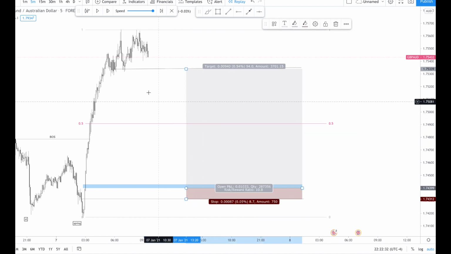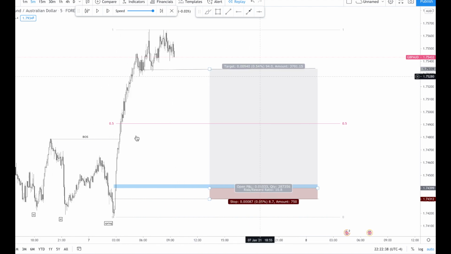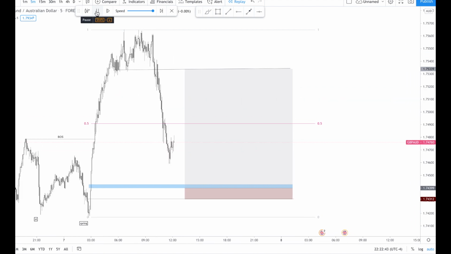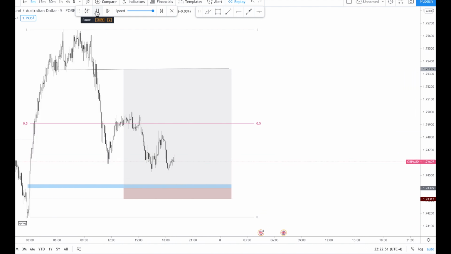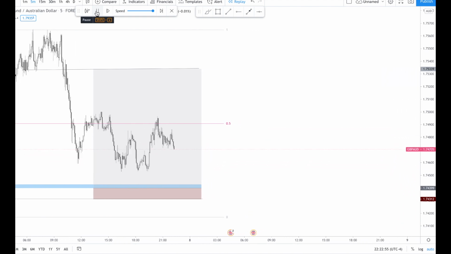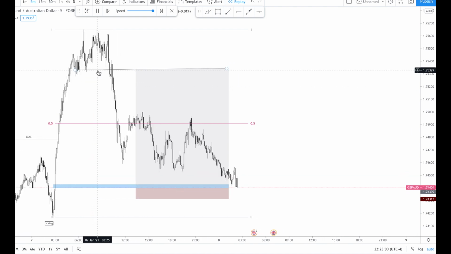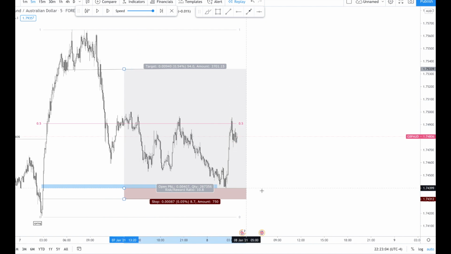Okay, so anyways, guys, here's your 10.8 risk to reward, perfectly aligning with these bodies as a 1 to 10. Okay, nothing more, nothing less. Now let's watch it play out. Just gonna pause it for you guys.